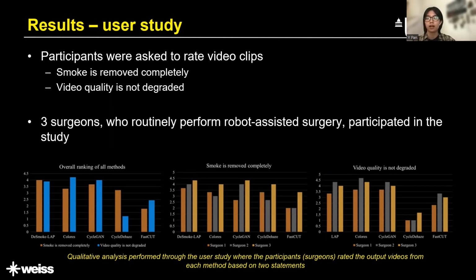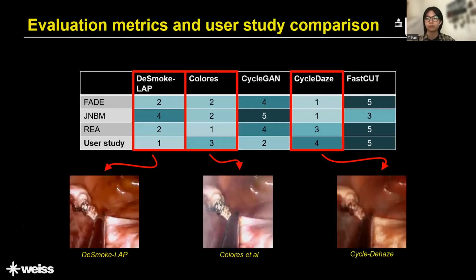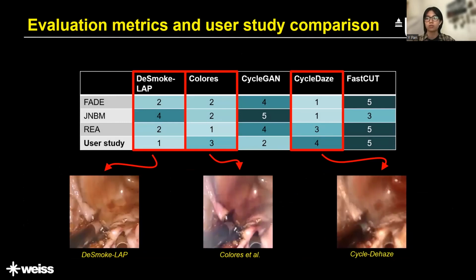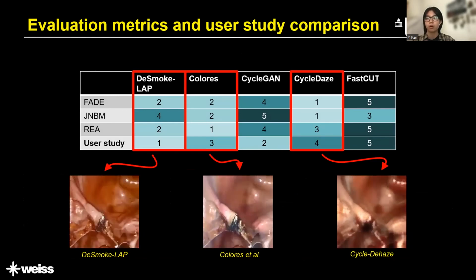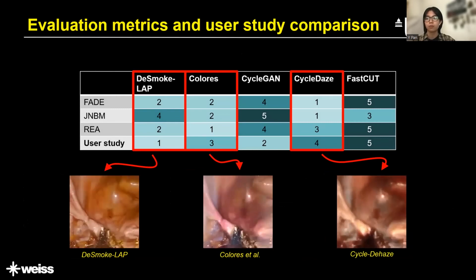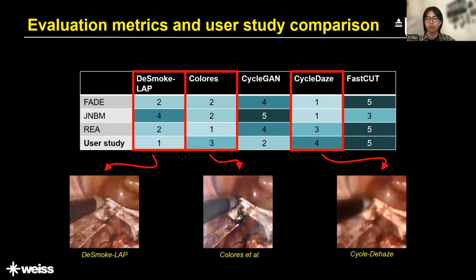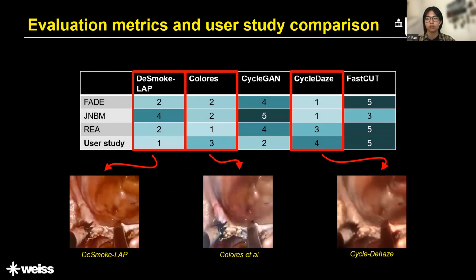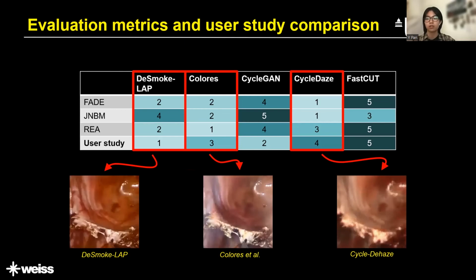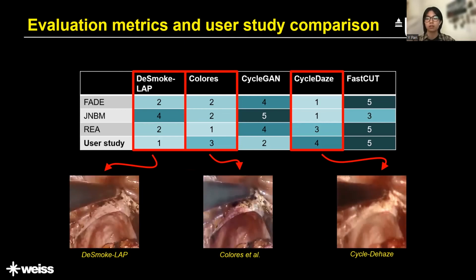It indicates that our method received higher scores on both statements. This table concludes the ranking of the experimental comparison, including the results of the user study, and our proposed method shows its strength in removing partial smoke from the image in both quantitative and qualitative comparison, and participants were satisfied with the achievement of the proposed method.